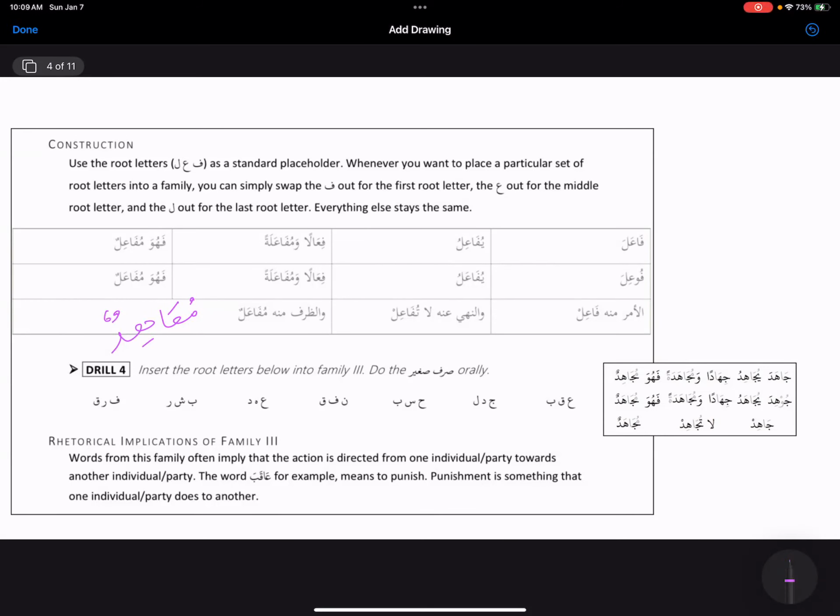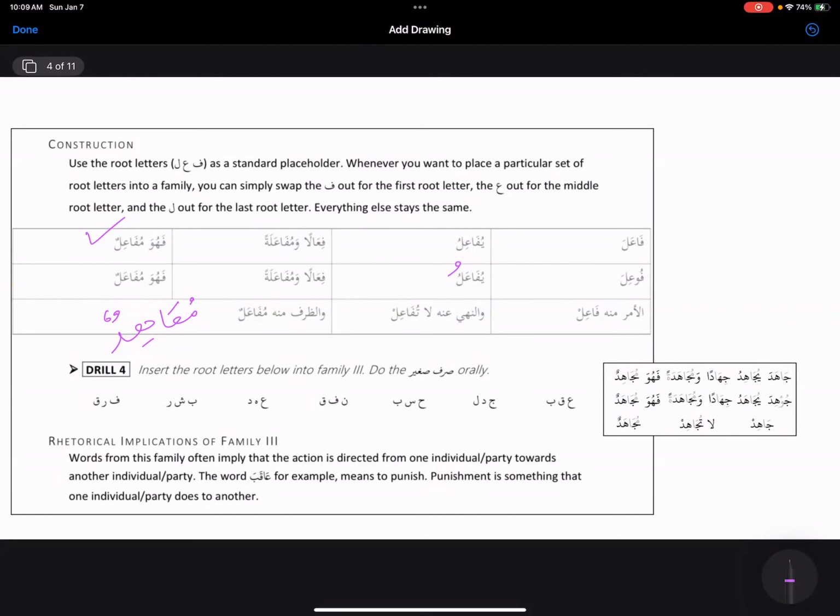Mu'ahidun. We are talking about ism fa'il, right? Mu'ahidun. Or mu'ahida, with the waw, no? Yu'ahidu. Yu'ahidun, yu'ahidu.